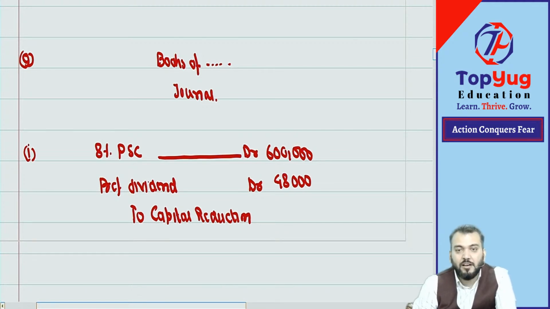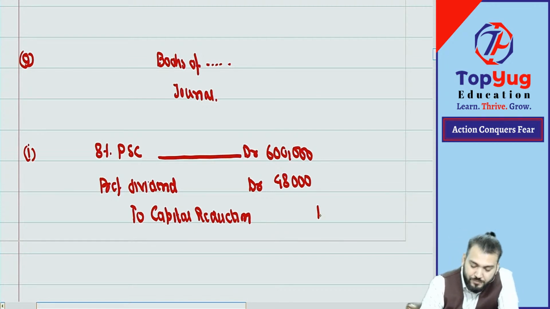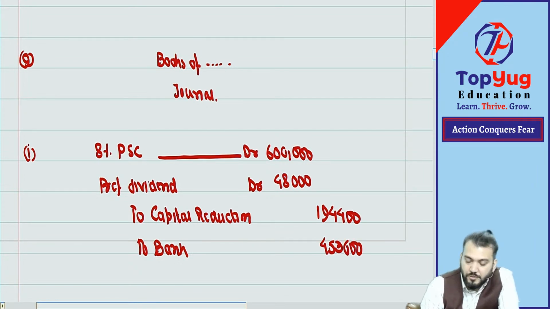To capital reduction, 1 lakh 94,000. And to bank, how much? 4 lakh 53,600. Got it? Follow.